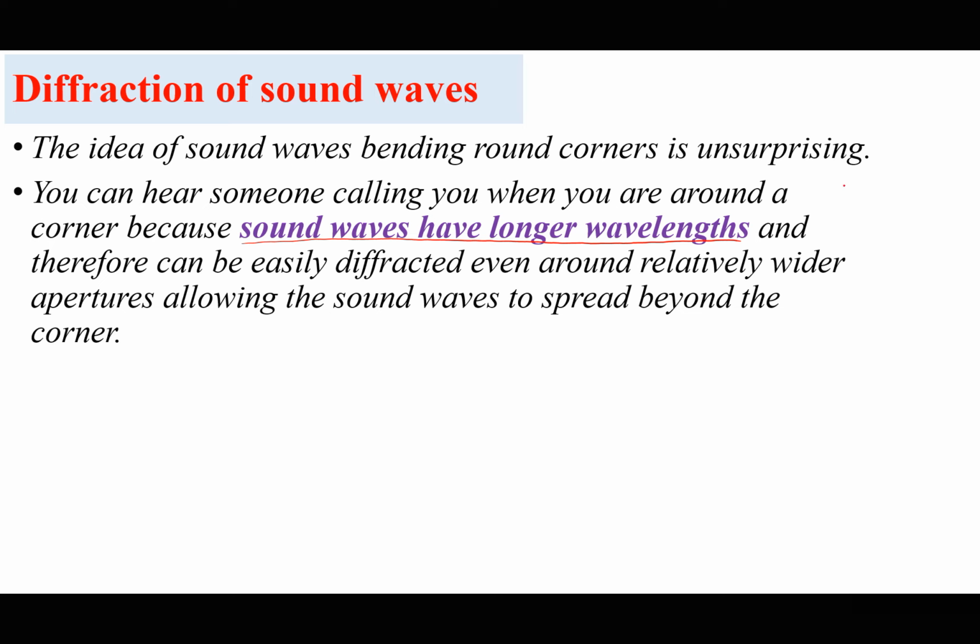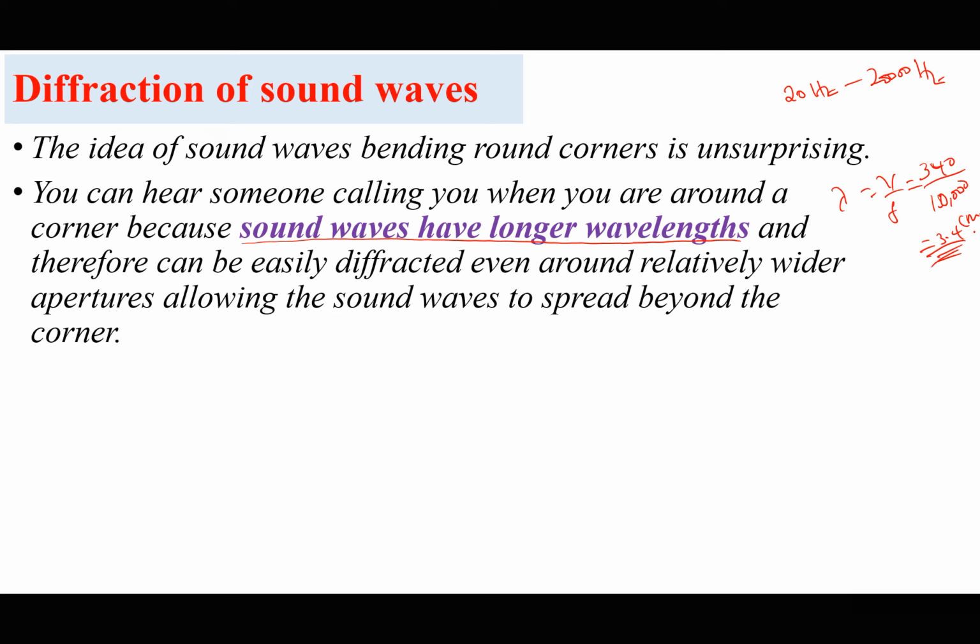If I try to find the wavelength of sound from v over f, for an audible sound, v is the speed of sound in air, around 330 to 340, and for the frequency let me just take 10,000, because the audible frequency is between 20 Hz and 20,000 Hz. So 340 divided by 10,000, then I multiply this by 100. This is around 3.4 centimeters.